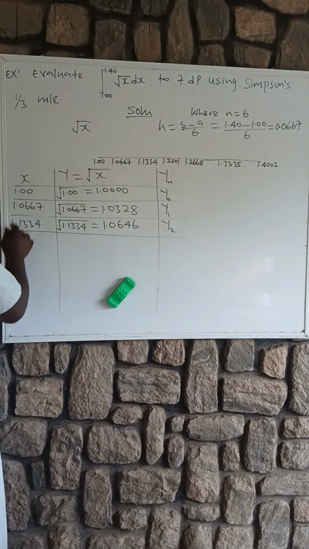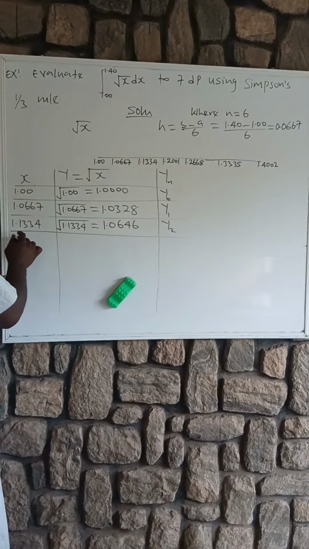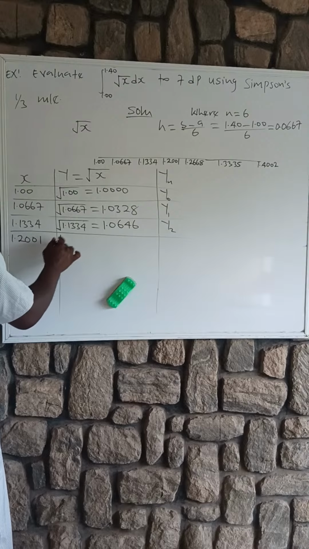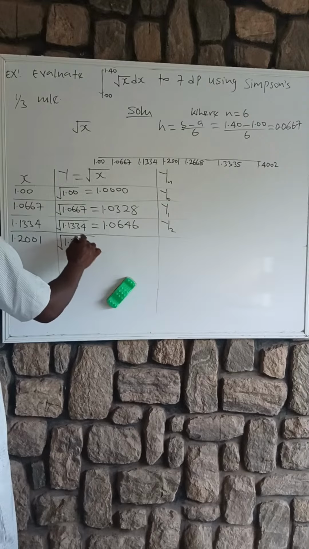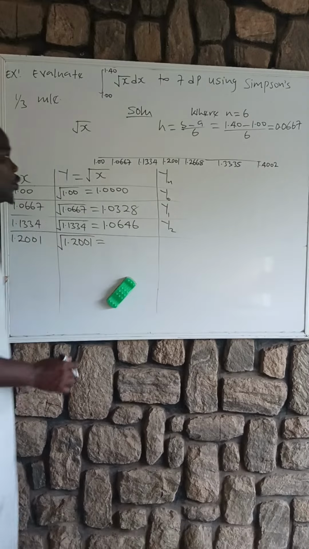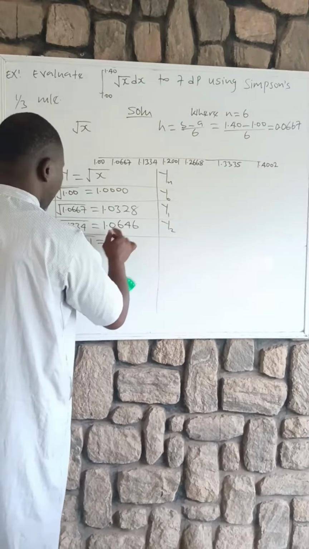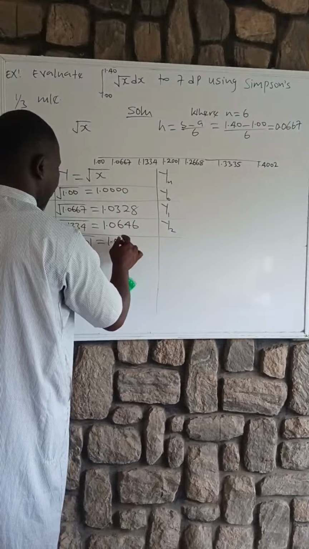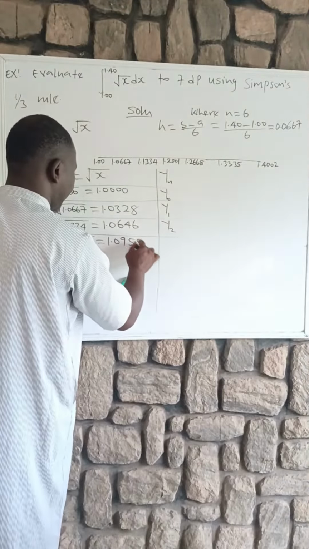So consider this, 1.2001, then the square root of 1.2001 is going to give us 1.0955.